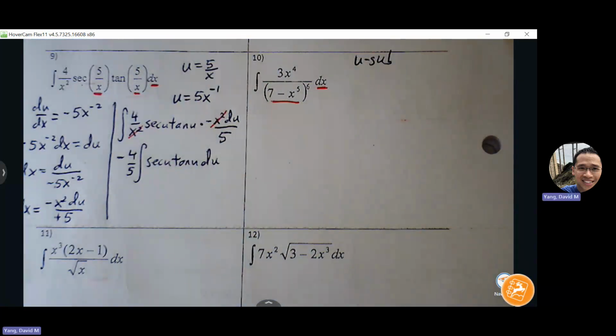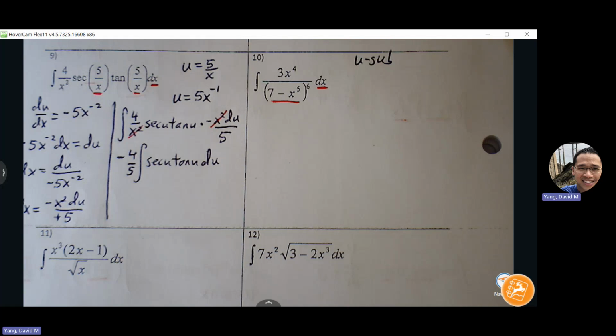Is this u value favorable to hopefully cancel stuff out? Yes, that x to the fifth is a good degree because we know the derivative will produce 5x to the fourth. That x to the fourth should help cancel out that x to the fourth up top. The only thing you have to watch out for is your u value in the denominator.